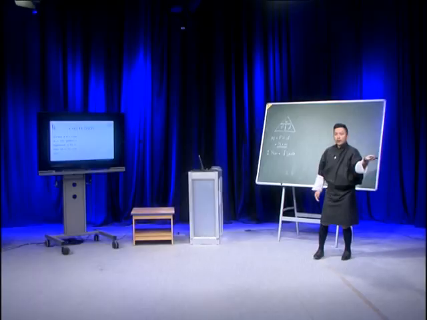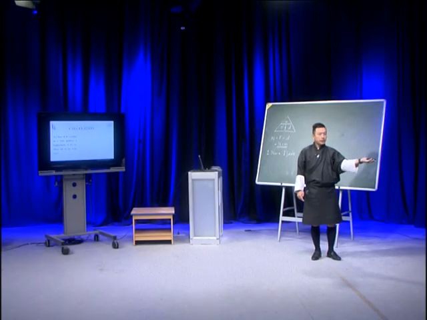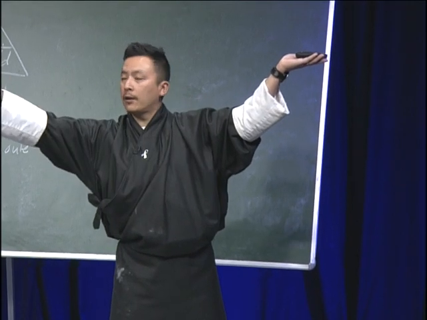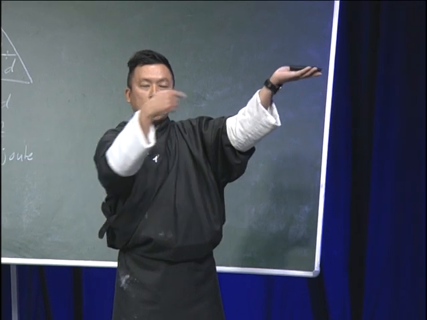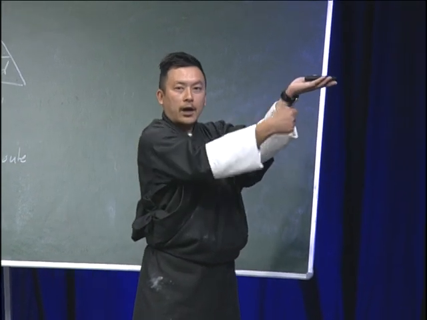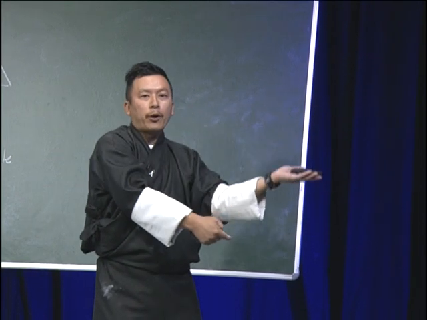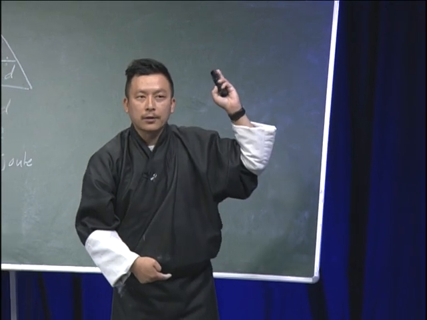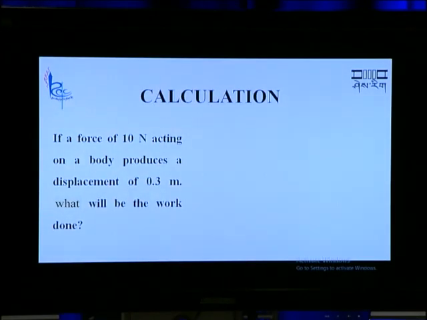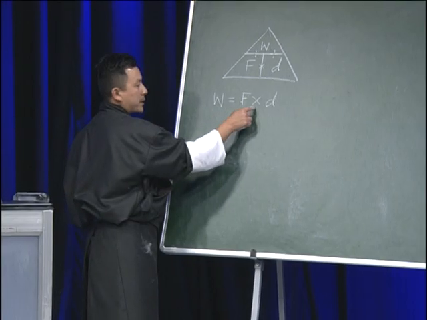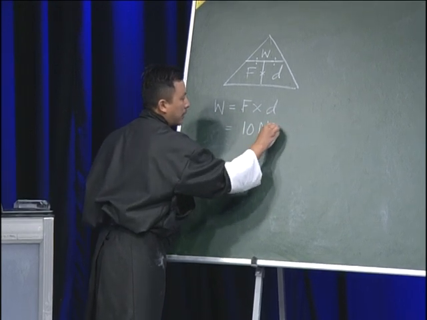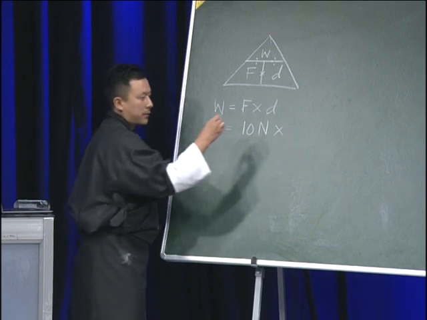Now let's say in lifting this object from its initial position to the new position here, I have applied 10 Newton force and I have moved it by 0.3 meter, that is 30 centimeter. What will be the work done here? To calculate that, let's come back to the formula. Work done is equal to force times displacement. Force we have is 10 Newton times the displacement, 0.3 meter.